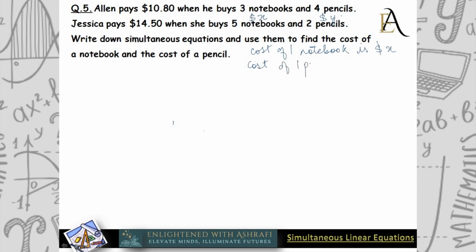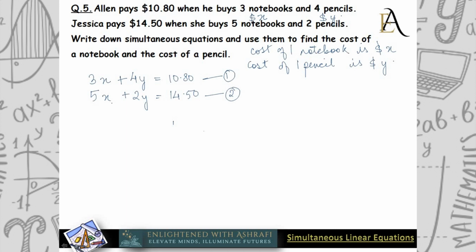The cost of 1 pencil is $y. So now let's make equations. For Alan it is 3x plus 4y is equal to 10.80. This is going to be your first equation. Then for Jessica, 5x plus 2y is equal to 14.50. This is the second equation.